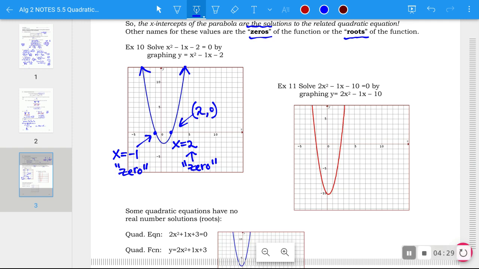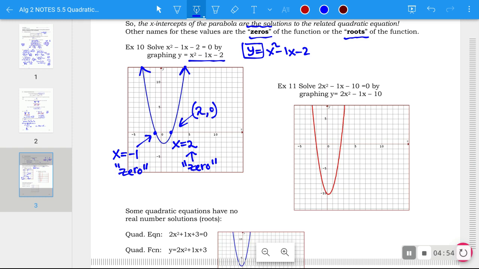All right, to find the answers to number 10 using your graphing calculator only, you're going to start by graphing the function. And that means you'll hit the y equals key to start with. That's at the top left-hand corner of your TI-84. And then you'll type in the expression, x squared minus 1x minus 2.